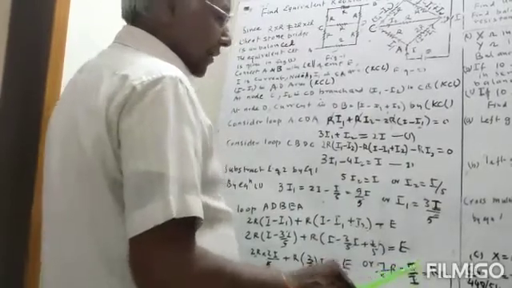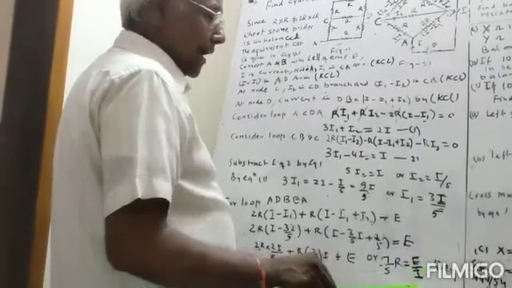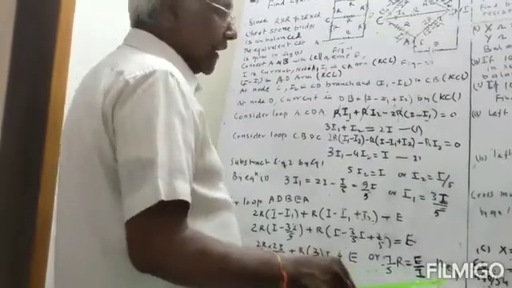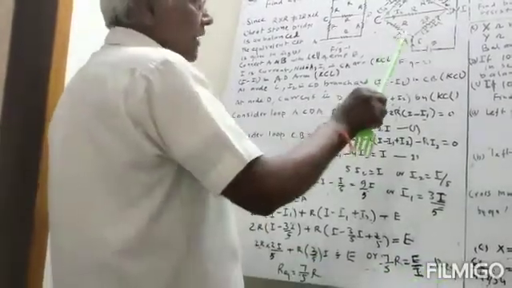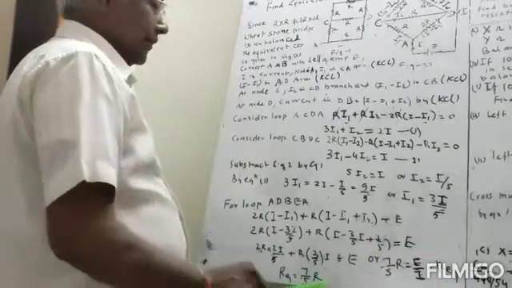E is the total EMF, I is the total current of the circuit, so E/I is the equivalent resistance of the circuit between A and B. So R equivalent will be equal to 7/5 into R.